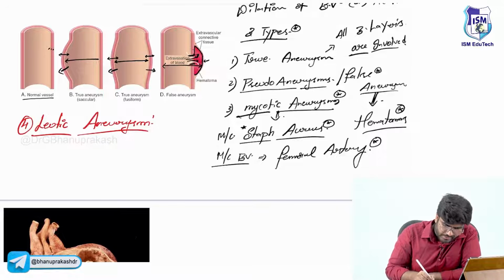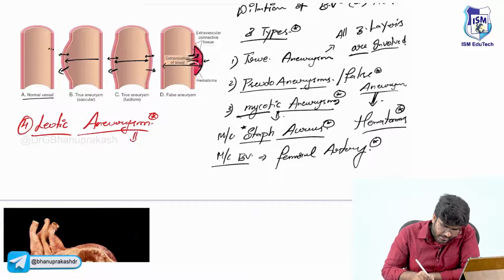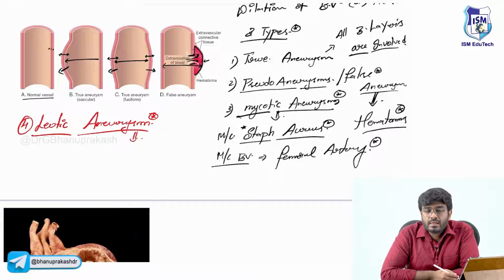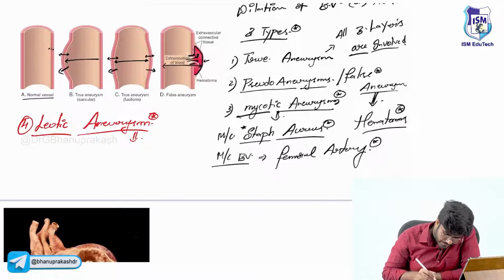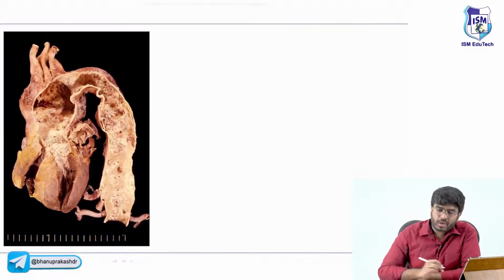So lytic aneurysms are seen in which condition? Lytic aneurysms are seen in a condition called tertiary syphilis.